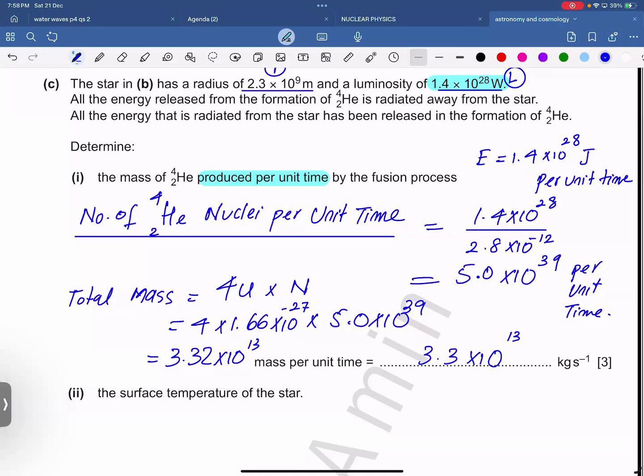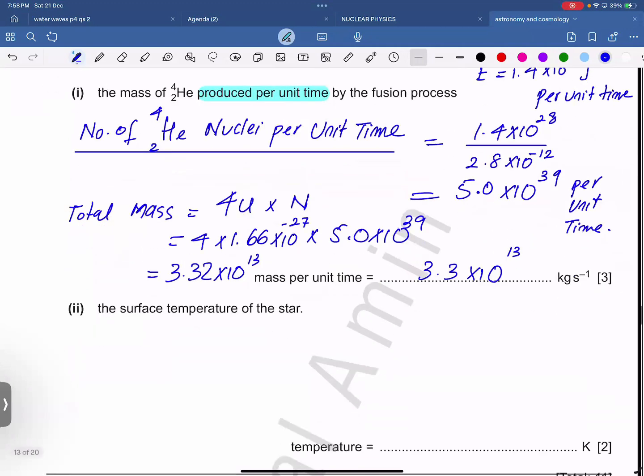Surface temperature. Which equation relates the luminosity with surface temperature? No idea? It starts with the letter S. Stefan-Boltzmann law. Very good.